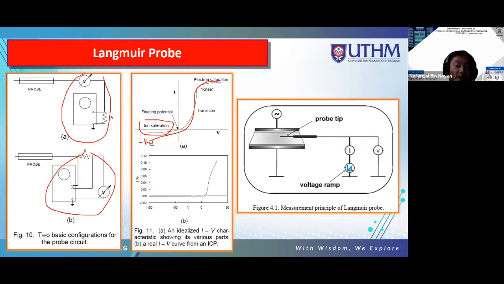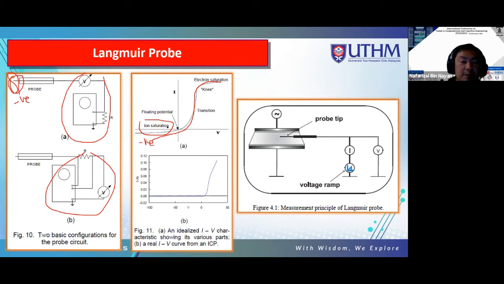So the one that will be attracted to this needle, or the needle here, will be a positive ion, because we supply a negative voltage over here. So the positive ions will be attracted to this needle.